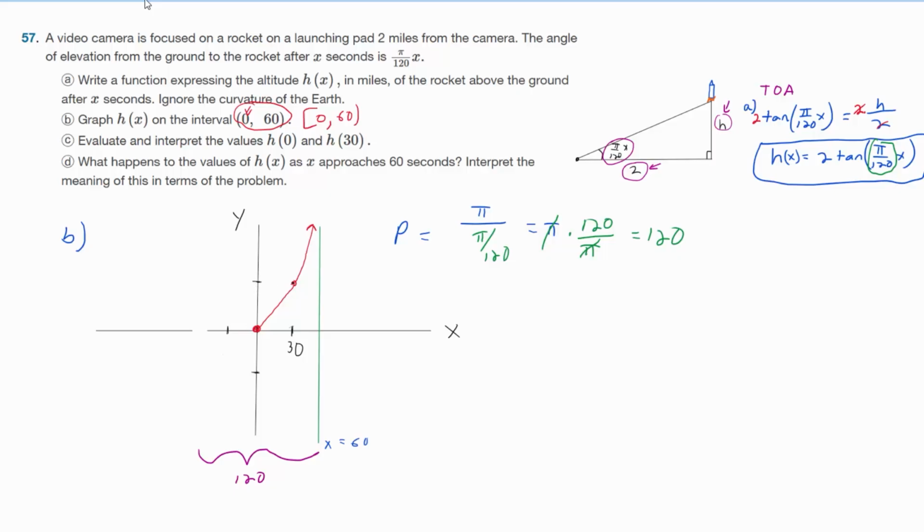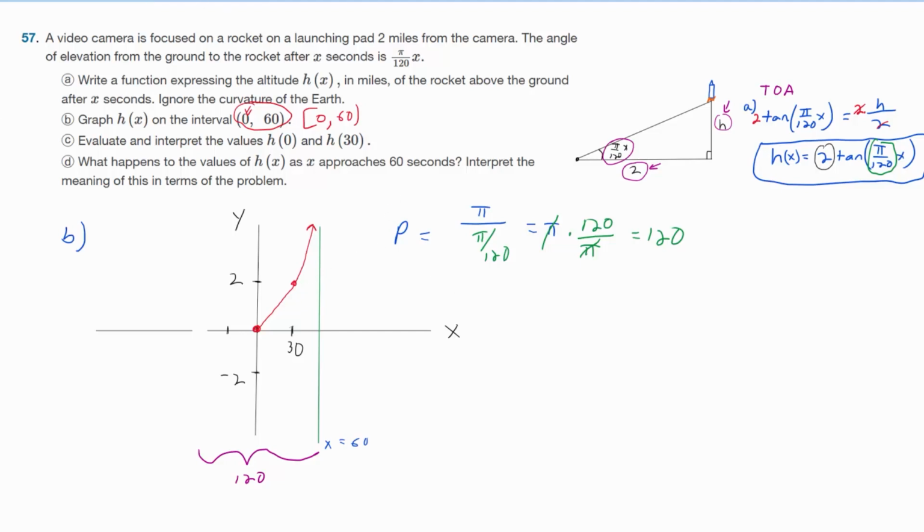Well, this number is always going to be the number out in front, height-wise, so that's going to be 2, and that's going to be negative 2. How do I know that? Well, if you plug 30 in here, you get pi over 4, and the tangent of pi over 4 is 1, times 2 is 2. So that's the graph that we want for part B.